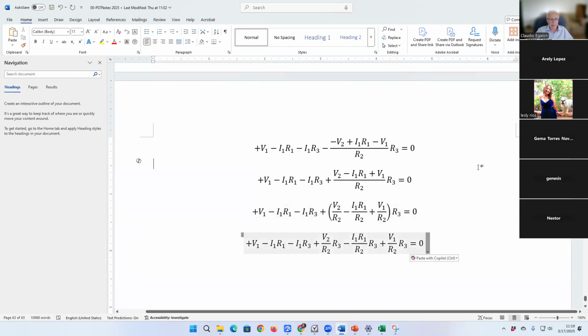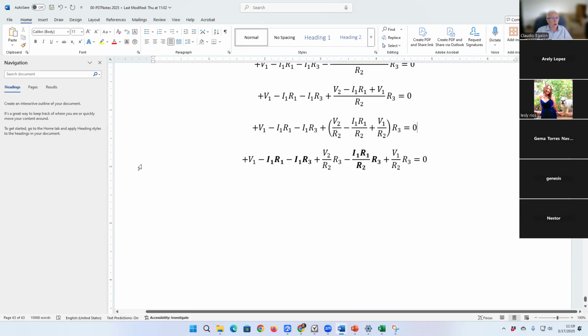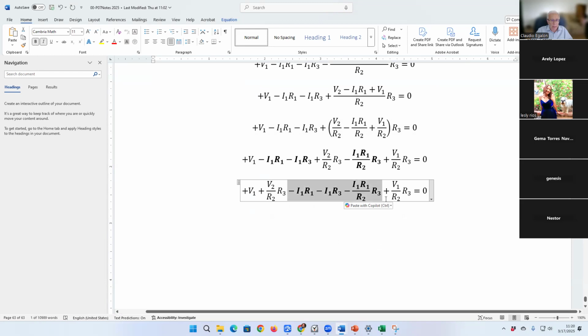Like that. And now we want to solve for I1. Let's collect I1 everywhere. Here you go. Those are all the terms that we have for I1, or all the terms that involve I1. And they are all negative. Okay, so since they are all negative, we can pass everything to the right side and become positive.